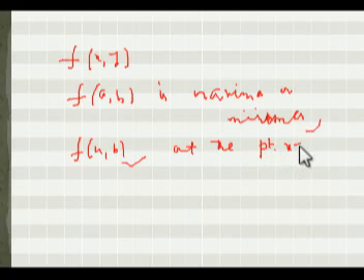And if it happens, then the partial derivative with respect to x at the point (a, b) must be equal to 0.